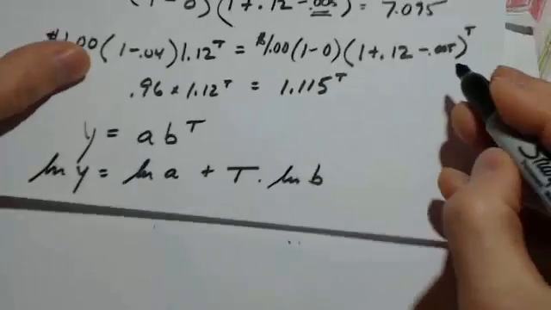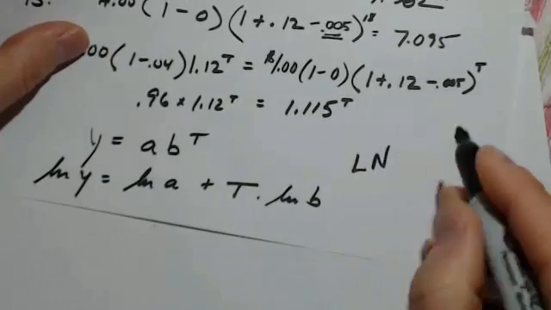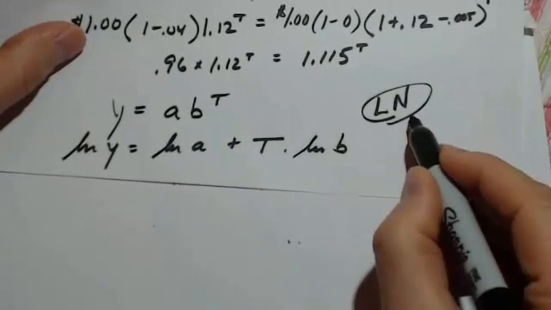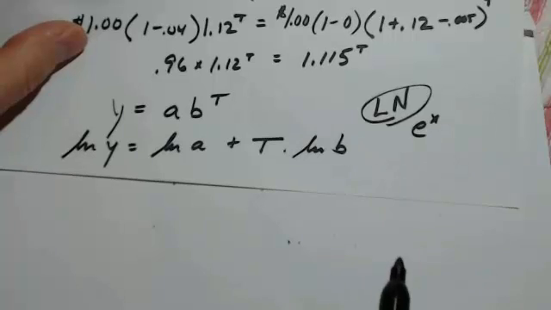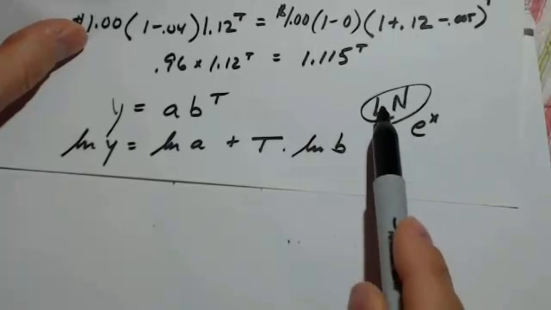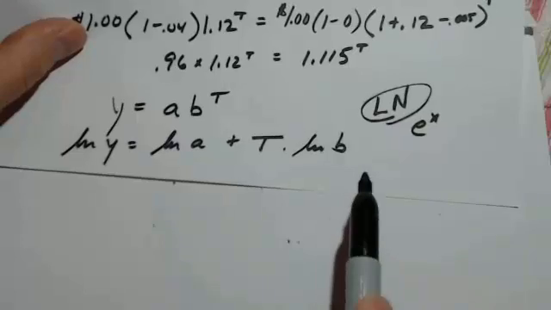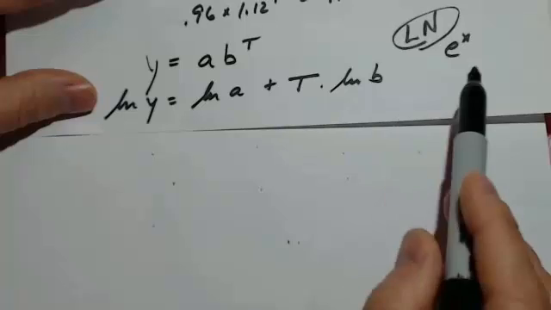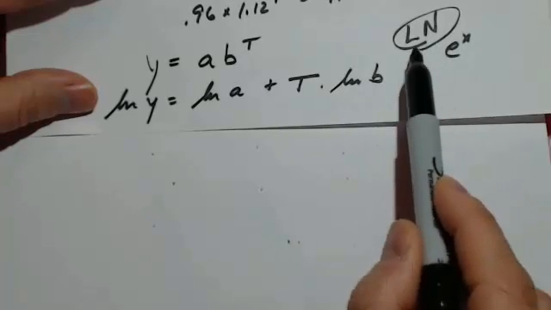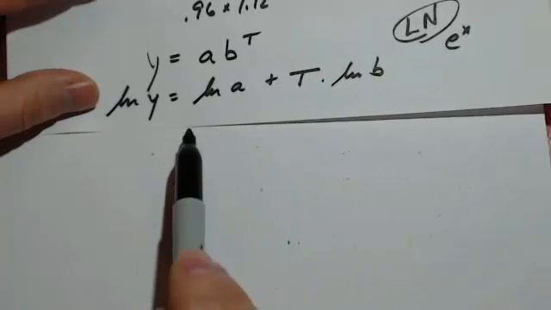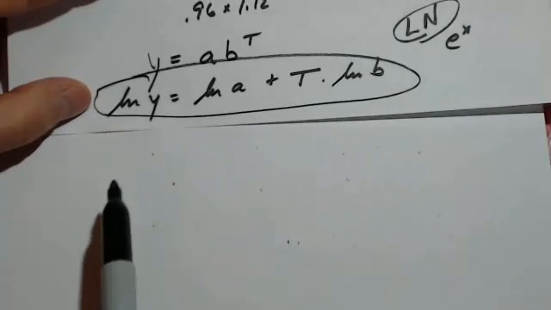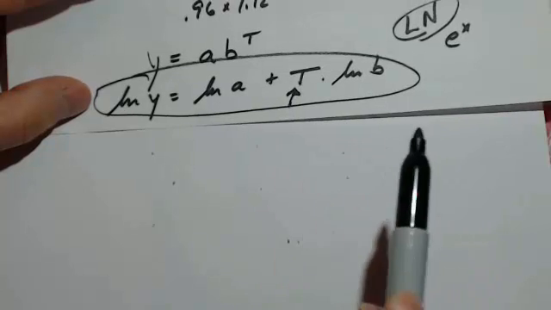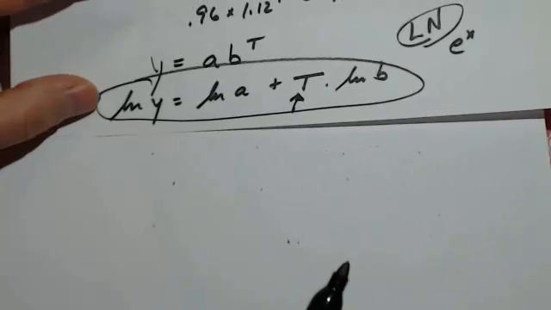That's that little ln button on your calculator that you never know what to do with, and it's the opposite of the e to the x button, continuous compounding. So you want to reverse the process. Your calculator probably has a capital LN on it for natural log. And when you put it down in this form, it becomes quite simple because it's all linear, and you can solve for t, like you normally solve for x in some equation.